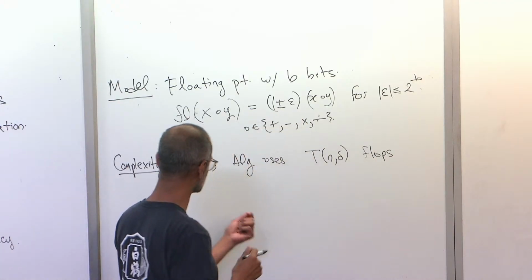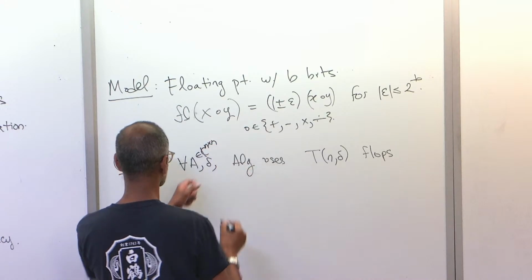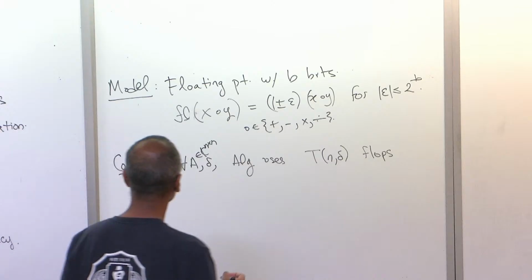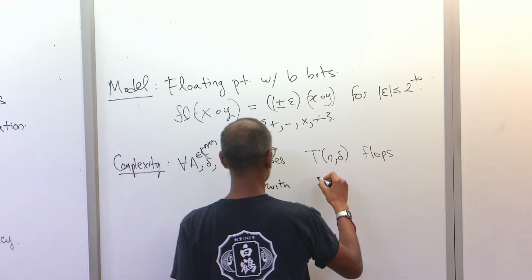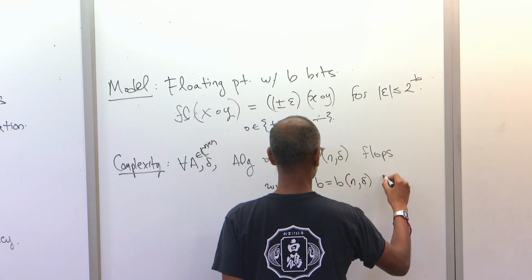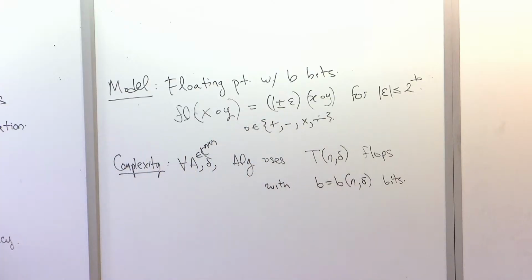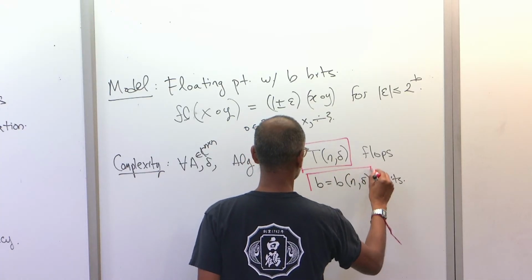So that's a function only of the size of the matrix, this is an n by n matrix, and the desired backward accuracy, with a number of bits of precision b, which also is allowed to depend on n and delta. So the complexity is articulated by these two functions, the number of arithmetic operations and the precision in the arithmetic operations.